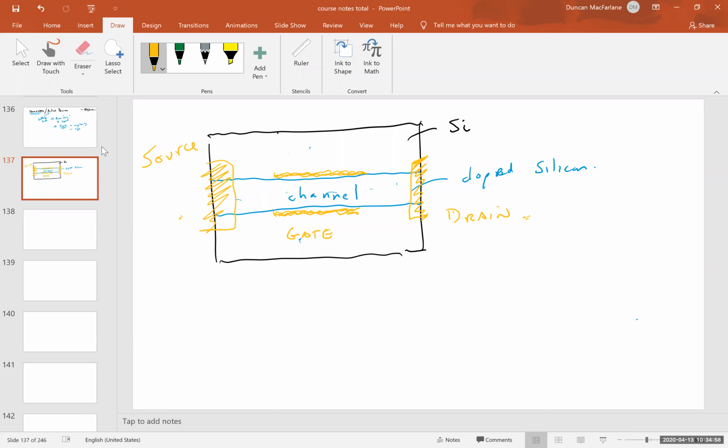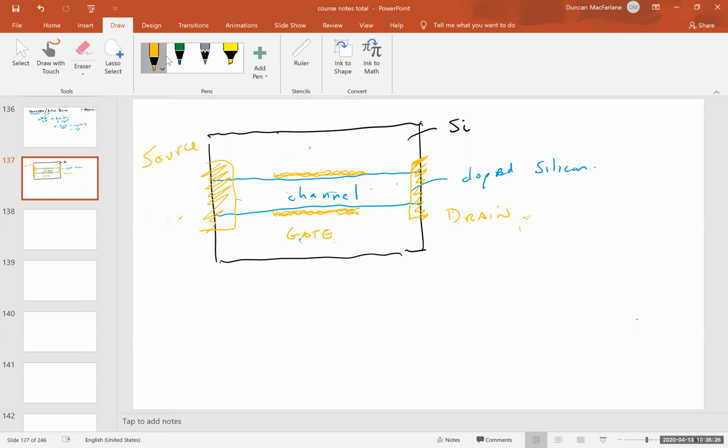And the gate is going to decide whether or not those carriers, those electrons, are able to go from the source to the drain. Depending on what voltage I put on the gate, I can pull those carriers through, or I can choke off those carriers.